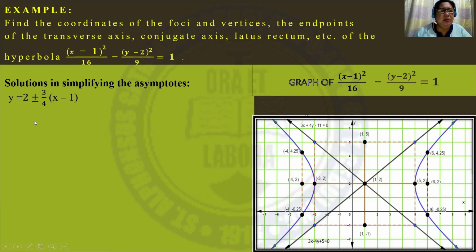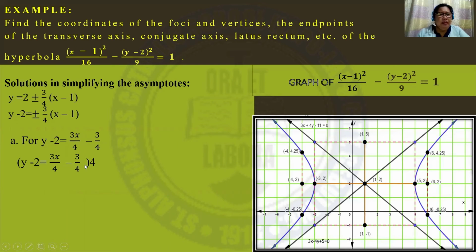And in simplifying the asymptotes, the equation y is equal to 2 plus or minus 3/4 times the quantity x minus 1. First, you have to transpose 2 to the other side. So what we have is y minus 2 is equal to plus or minus 3/4 times the quantity x minus 1. Then, for the positive part, we have y minus 2 is equal to 3x over 4 minus 3/4. And then, you multiply each member of the equation by the LCD 4.